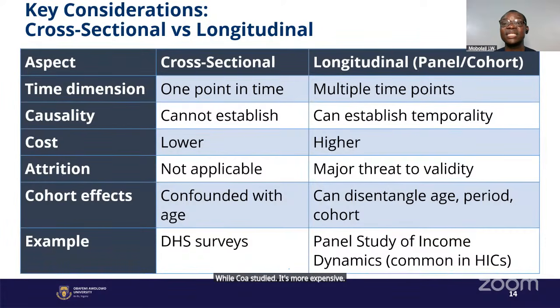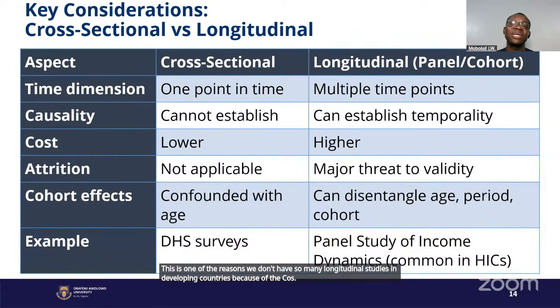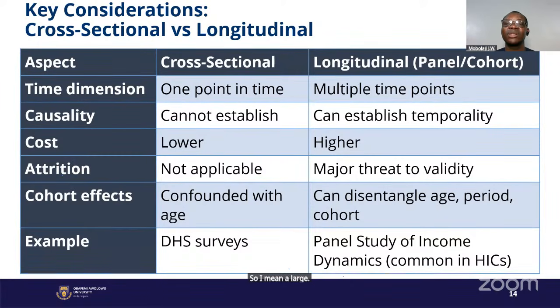And this is one of the reasons we don't have so many longitudinal studies in developing countries, because of the cost. A large portion of the longitudinal or cohort studies that we have globally are in high-income countries. And then the attrition, which is a kind of dropout in the course of following up the study participants.